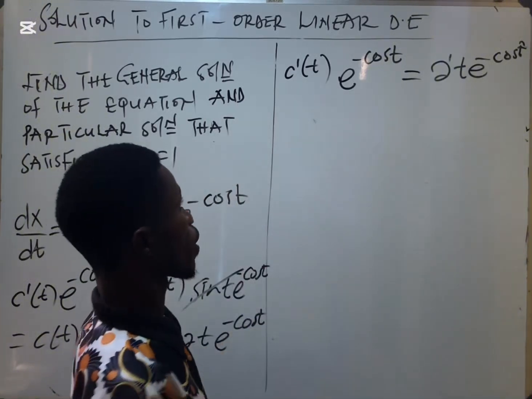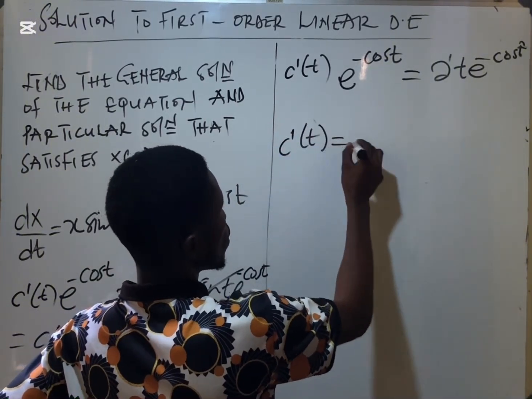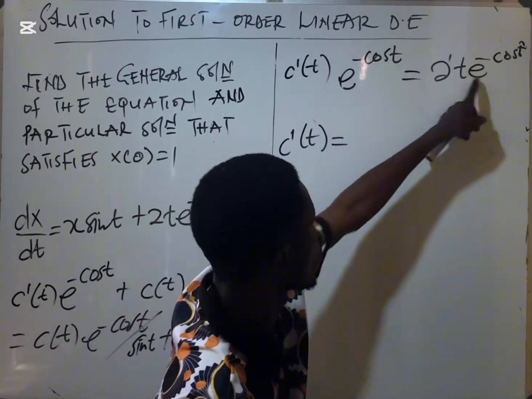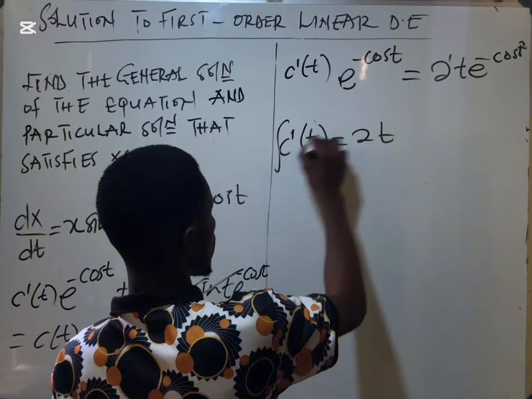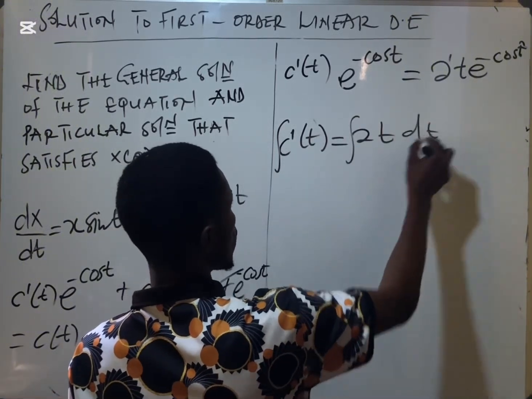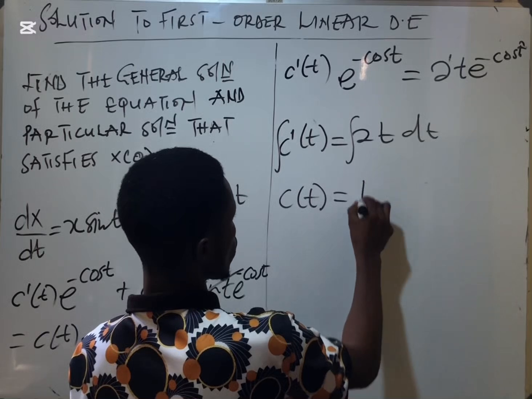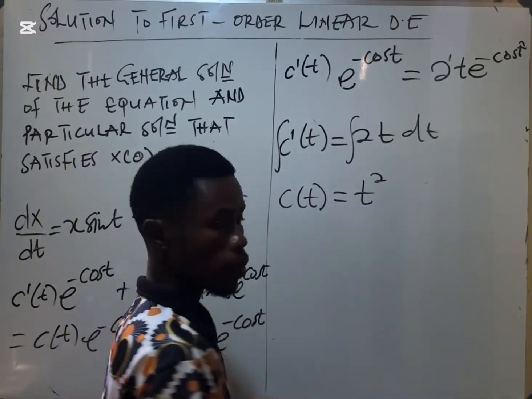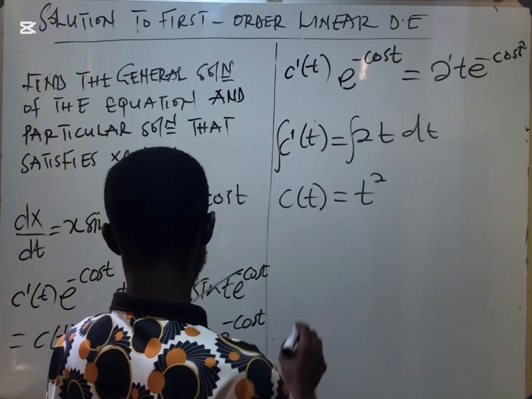So let's divide both sides by this. That will give us c prime of t equals, so when I divide both sides by this, it will cancel this, leaving 2t. So I take the integral on both sides. So when that is done, we are going to have t squared.